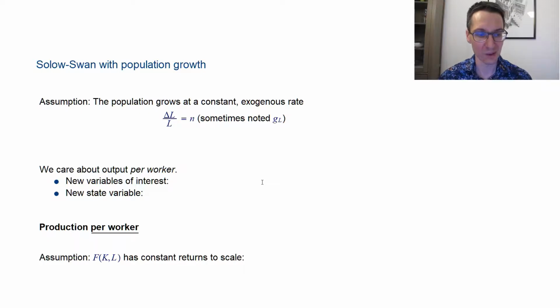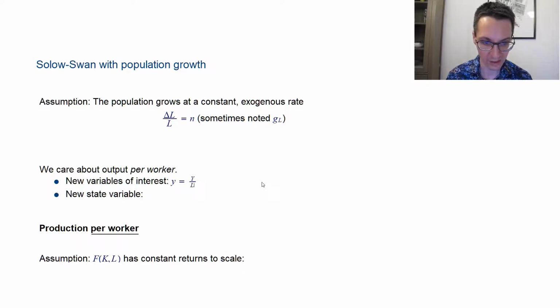These are going to be, for instance, small y equals Y over L, and small k, capital per capita, which is going to be capital over L.